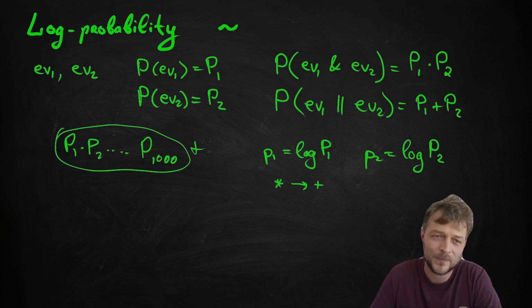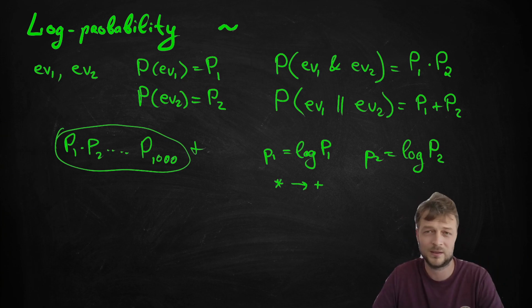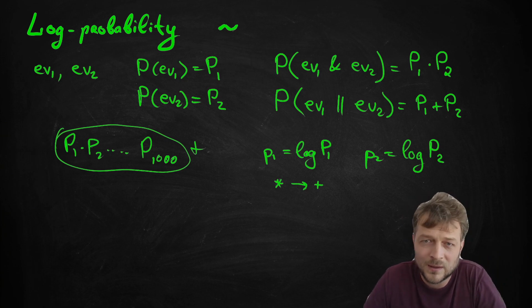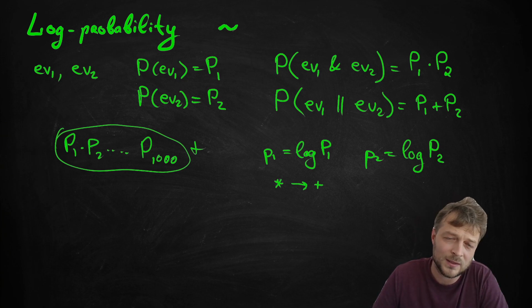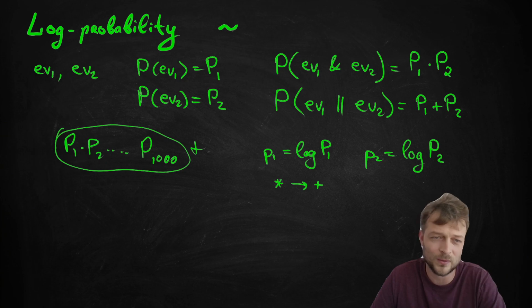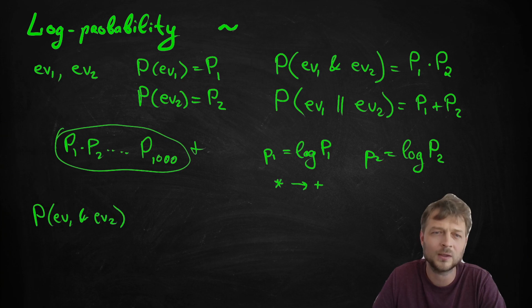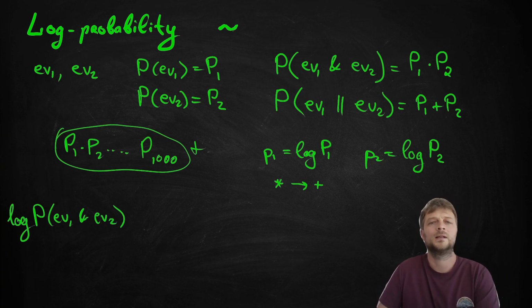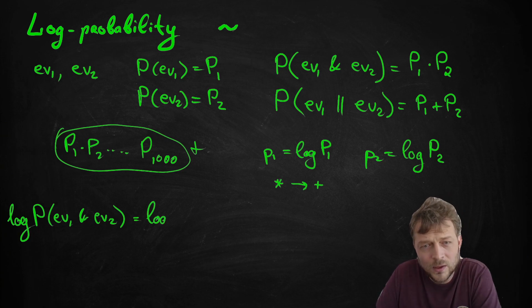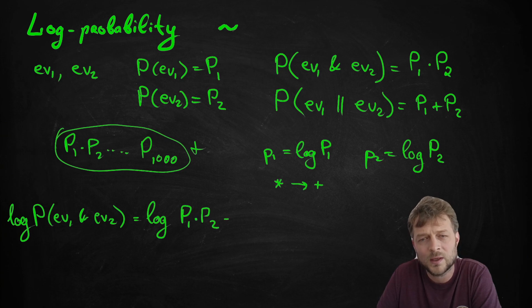So now if we want to compute the probability of a combined event, let's say probability, but also in log space, right? So we want to take the probability of event 1 and event 2 in log space. So this will be equal to log of P1 multiplied by P2. This will be equal to P1 plus P2.